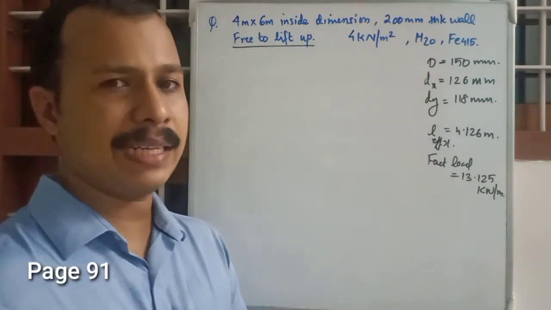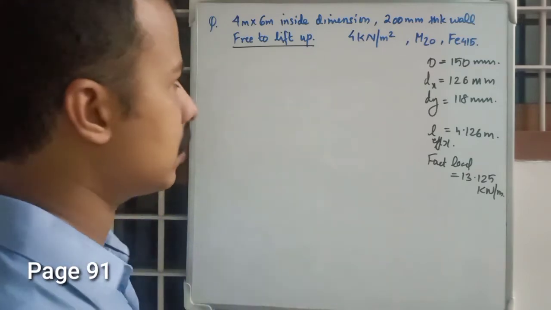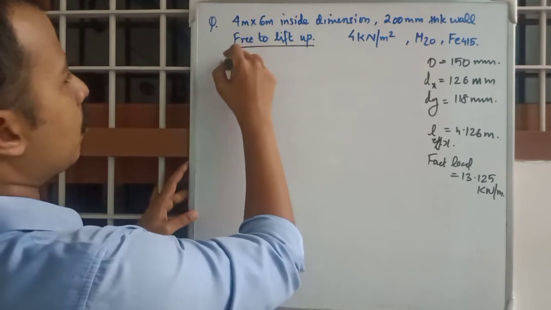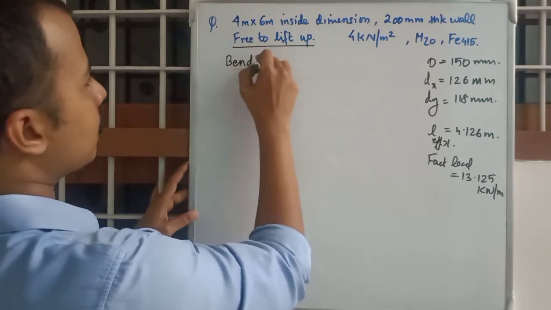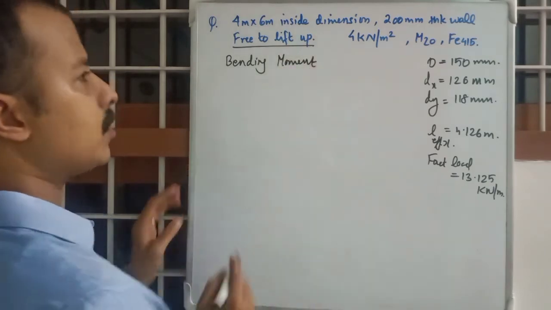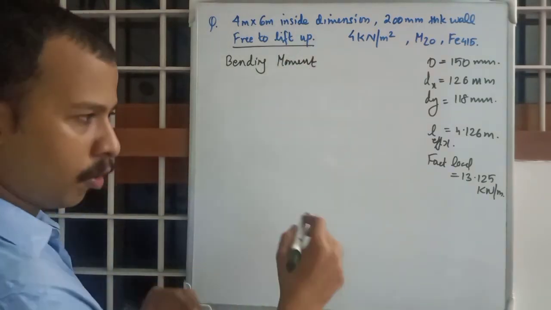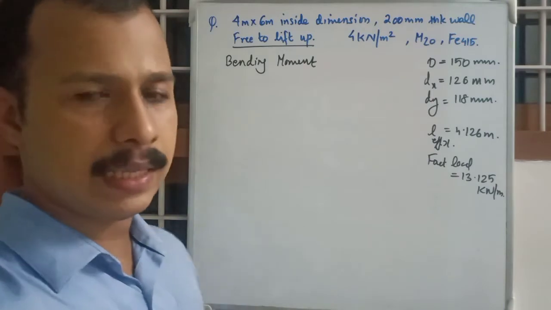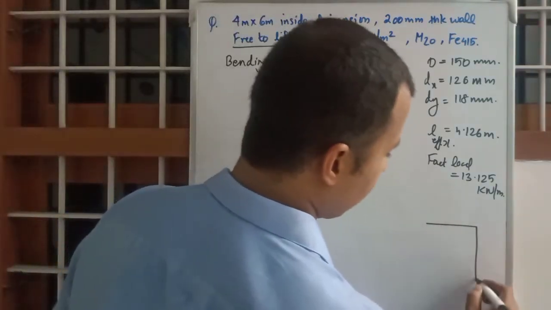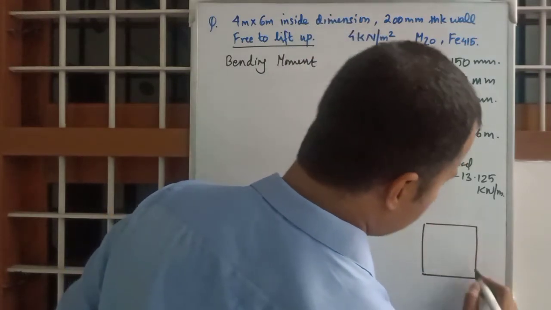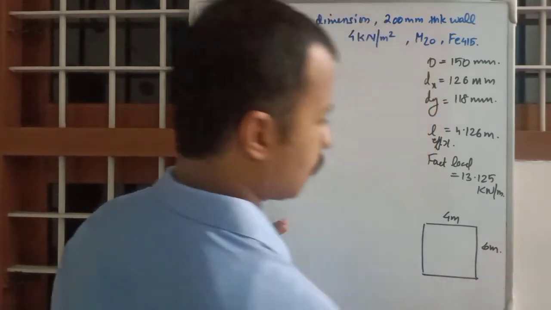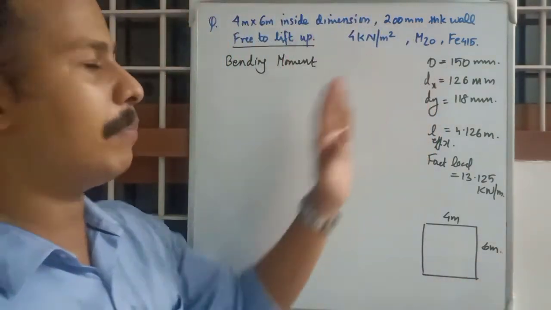Refer page number 91 of IS 456. You will get Mu values or bending moment equations for both sides. As we have a two-way area, we need to calculate the bending moment and reinforcement for each side. We will be calculating it separately.